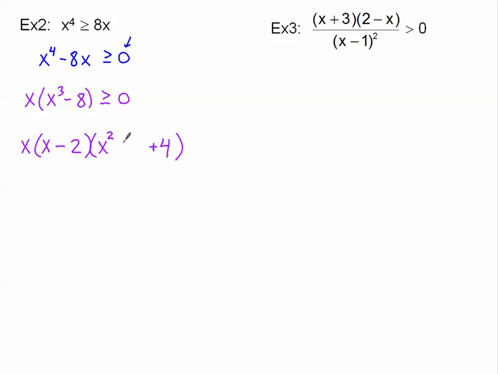The middle part of the trinomial comes from multiplying these 2 items together. X times 2 is 2x, but changing the sign from the negative to the positive. Remind yourselves how to factor a difference of 2 cubes.